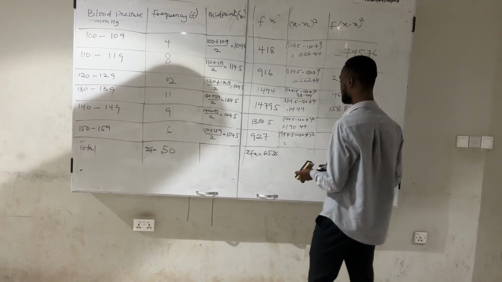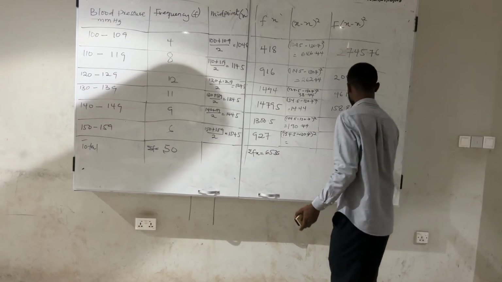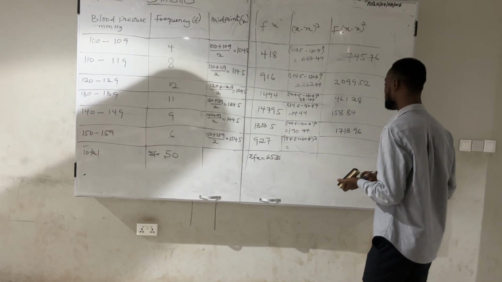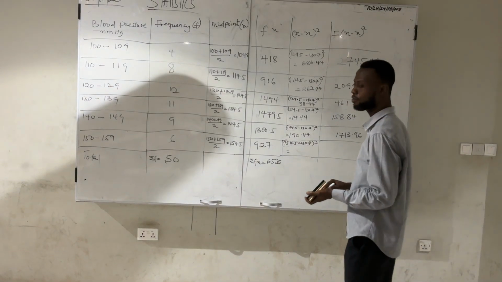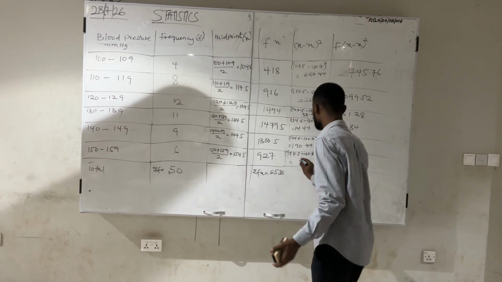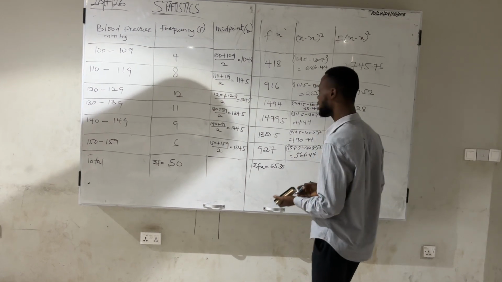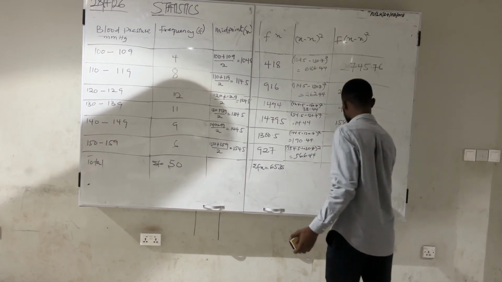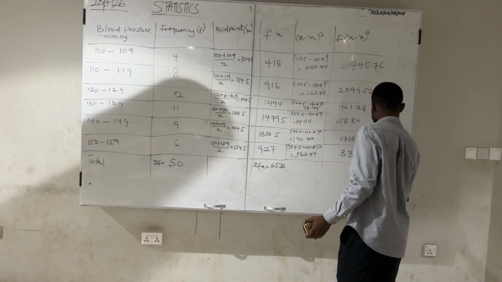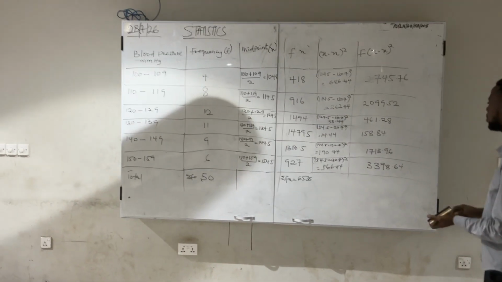Multiplying it by 9 gives 1713.96. Then you take 130.7 from 154.5 all squared, which is 566.44. 566.44 multiplied by 6 gives 3398.64.